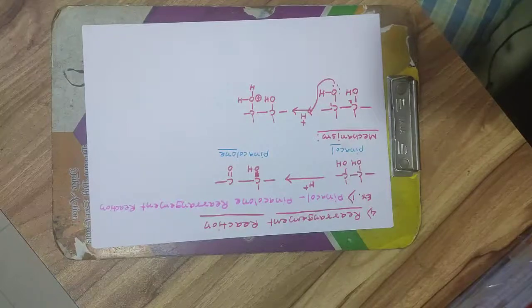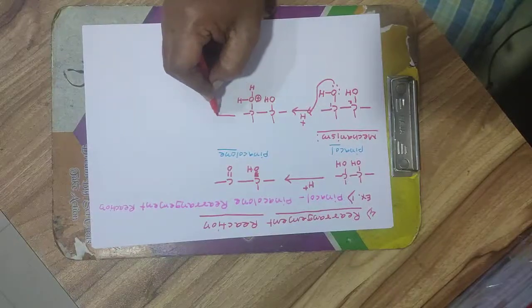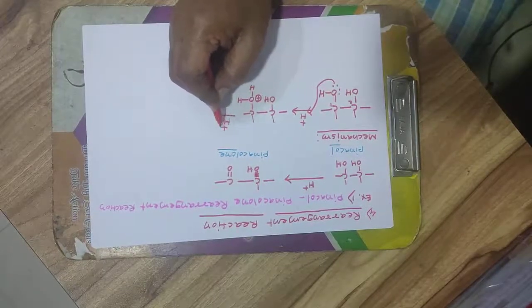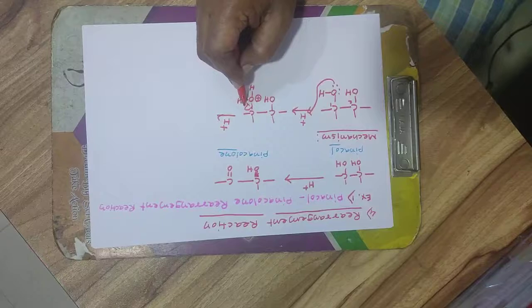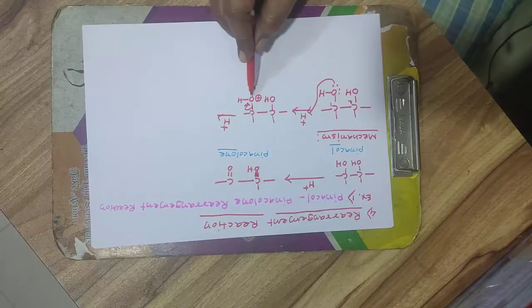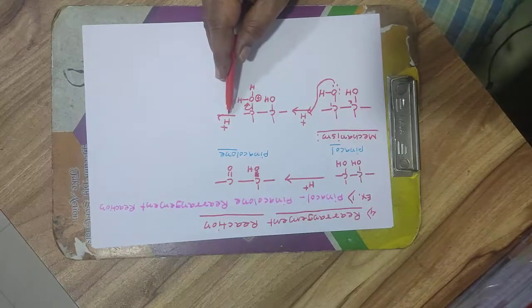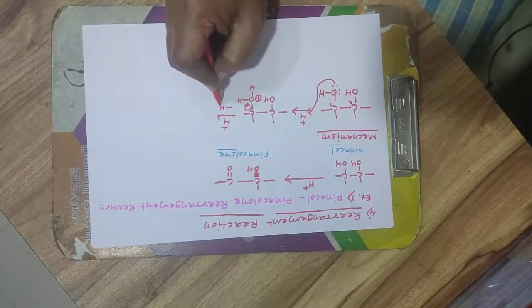Now oxygen has a positive charge, it wants to neutralize. So with the next molecule of H+, this sigma bond will open on the O. There is a neutralization of the positive charge and the oxygen regains its lone pair, and this oxygen of water will react with H+, and there is a removal of hydronium ion, H3O+.